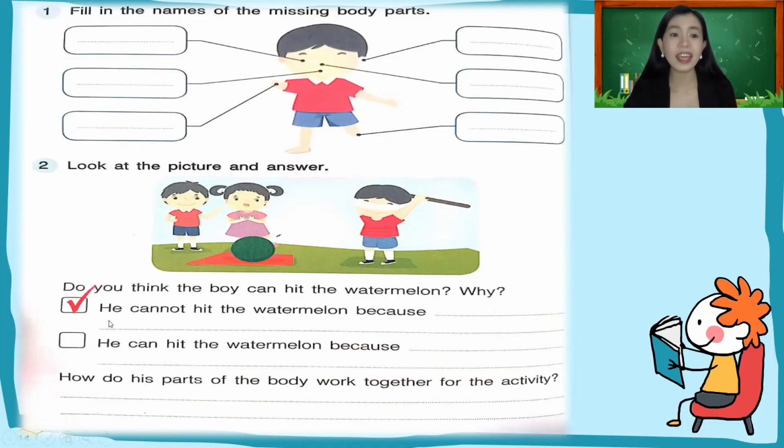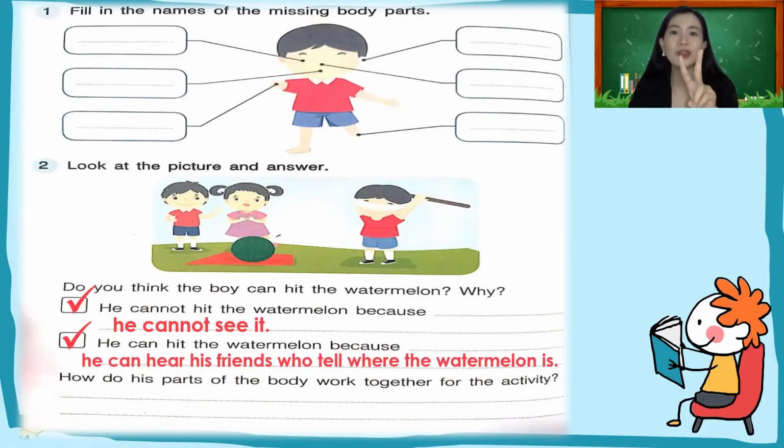I think he cannot hit the watermelon. Why? Because he has a blindfold. His eyes are covered, that is why he cannot see it. So again, maybe he cannot hit the watermelon because he cannot see with the blindfold. But he can also hit the watermelon because of the 2 friends.